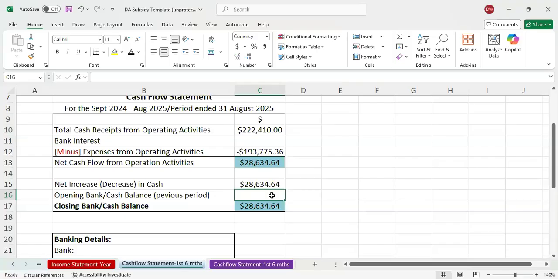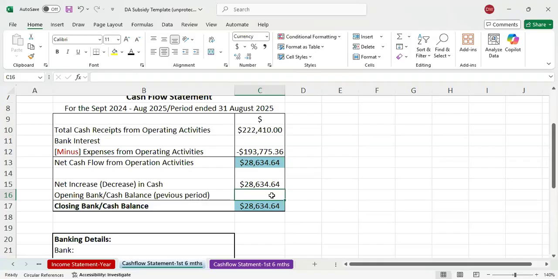So, to be more specific, whatever funds you would have collected or whatever funds that would have been reflected in the bank statement at the beginning of your period of service or that year of service as a treasurer, that will be entered in the period. So if this financial period starts September 2024 to August 2025, the funds at the end of August 2024 that had to be handed over to the new treasurer, that figure will be entered here.